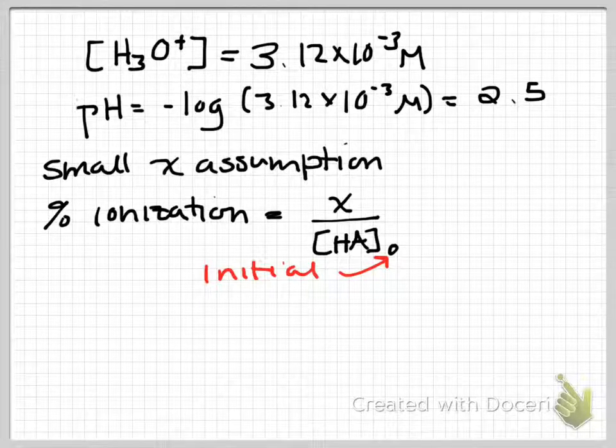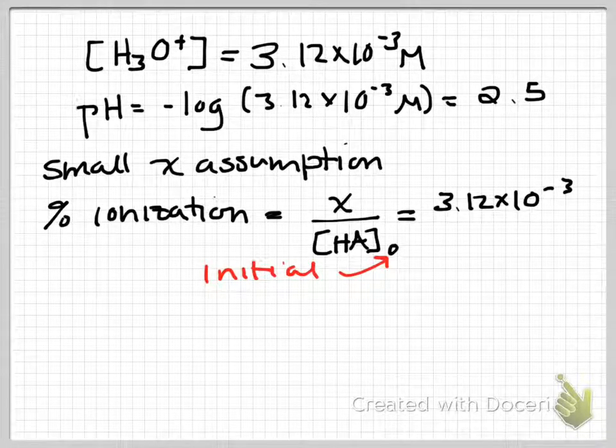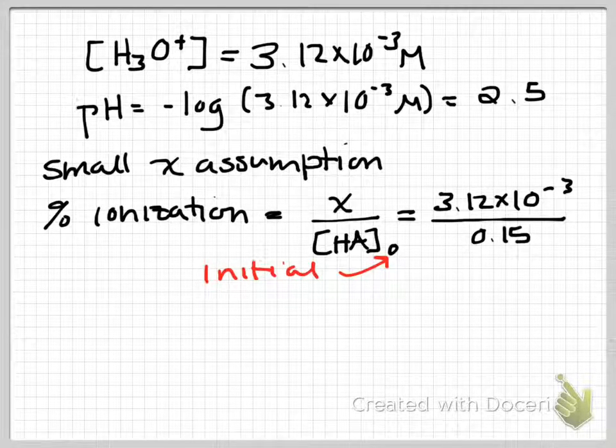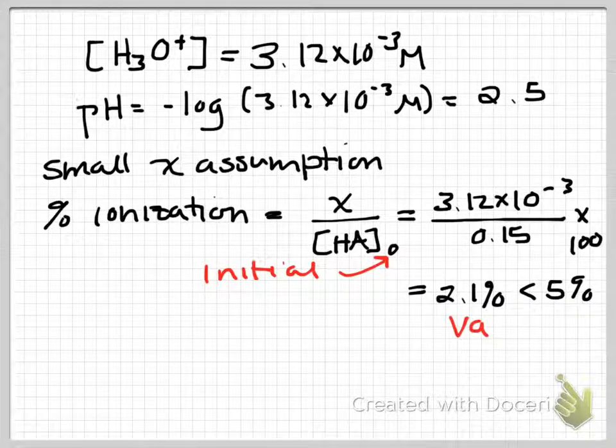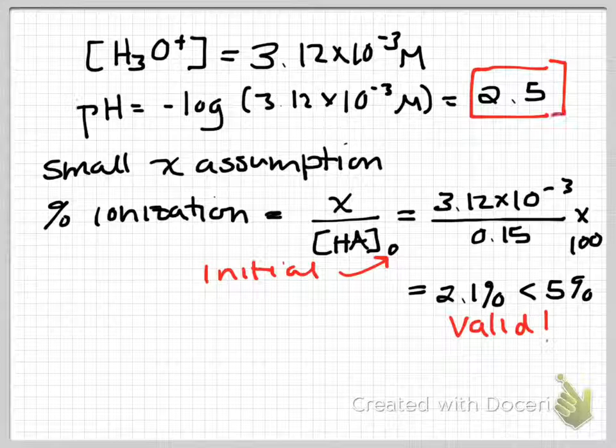We put in our x, 3.12 times 10 to the minus 3, all over 0.15, and multiply by 100 to get to percent, and we get 2.1%, which is less than 5%. We're going to use that 5% cutoff, and because of that, our assumption is valid. And so the pH of my solution is 2.5.